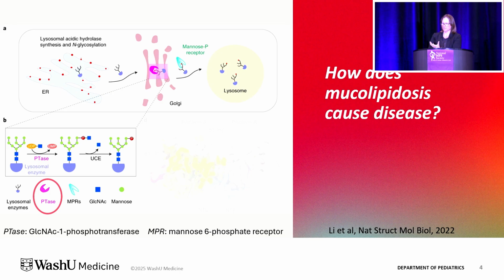Without those enzymes, the lysosomes fill up with storage. That enzyme has a really long name, GlcNAc-1-phosphotransferase, or you could call it PTase for short. And it puts that mannose-6-phosphate on, so those enzymes go decorated into the lysosome.